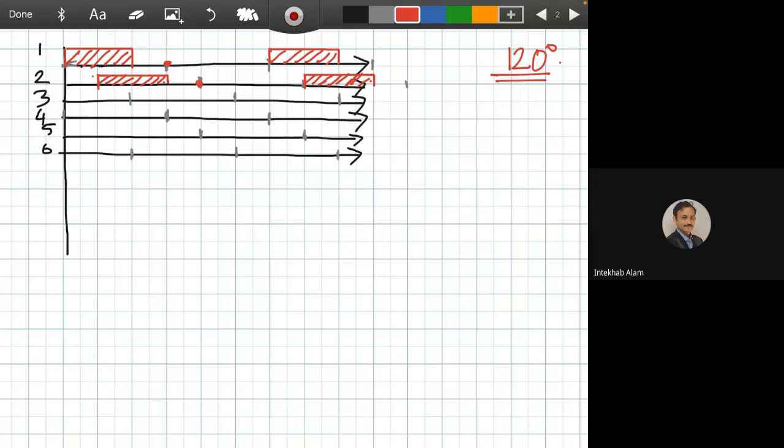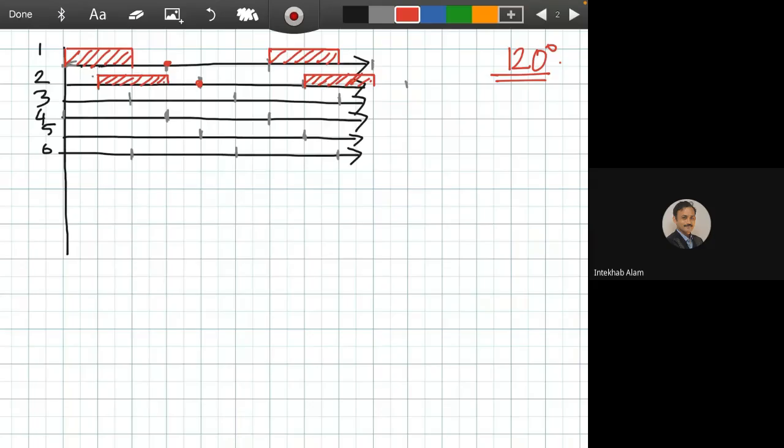But I have a question to all of you. Mohsinat, Asin, and others, could you please explain how we can define the mode size for 120 degree conduction? How can we define the mode size?